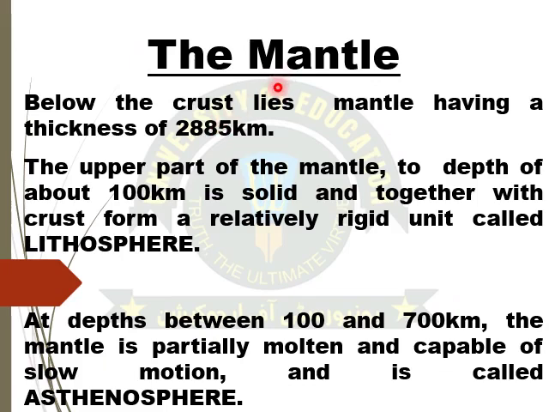Next, we are going towards the second layer. Second layer is mantle. Below the crust, there is another layer that is called the mantle. The thickness of mantle is about 2885 kilometers. Upper part of the mantle to the depth of about 100 kilometers is solid, whereas it combines with the crust and forms a layer that is called the lithosphere.